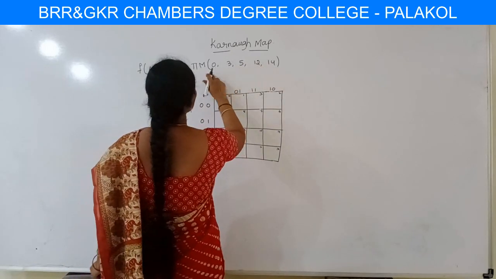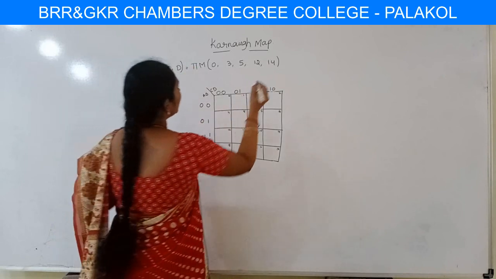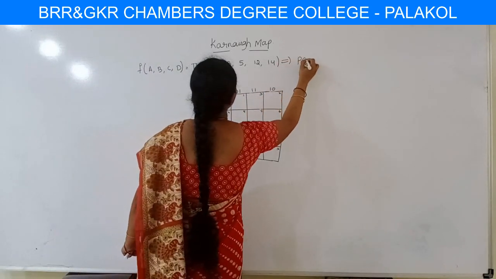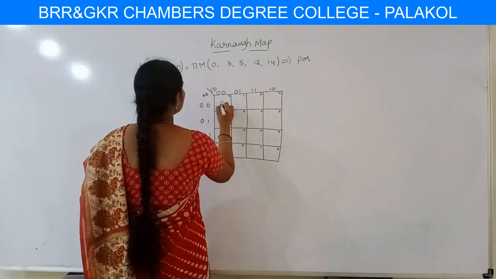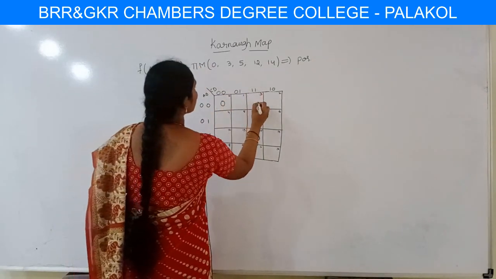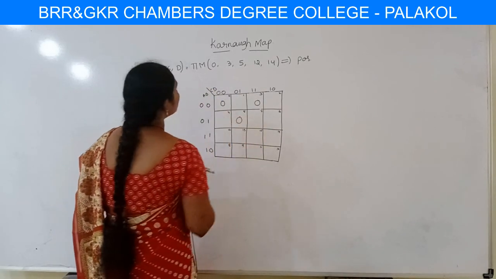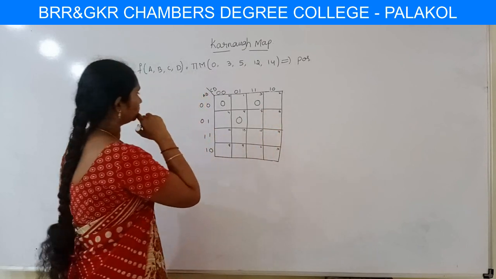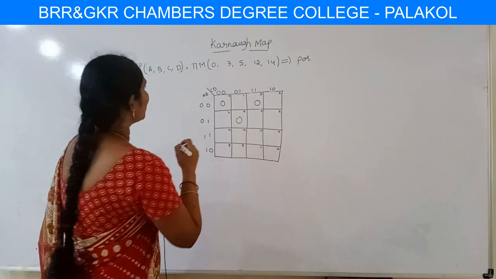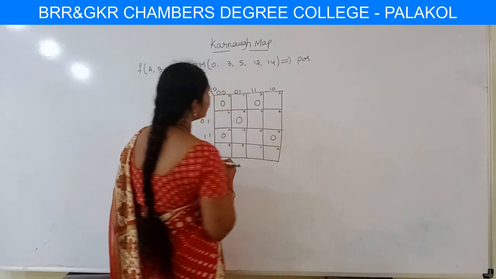Now we fill the cells with 0, because it is a POS representation. So 0 is filled with 0, 3 is filled with 0, 5 is filled with 0, 12 is filled with 0, and 14 is also filled with 0.